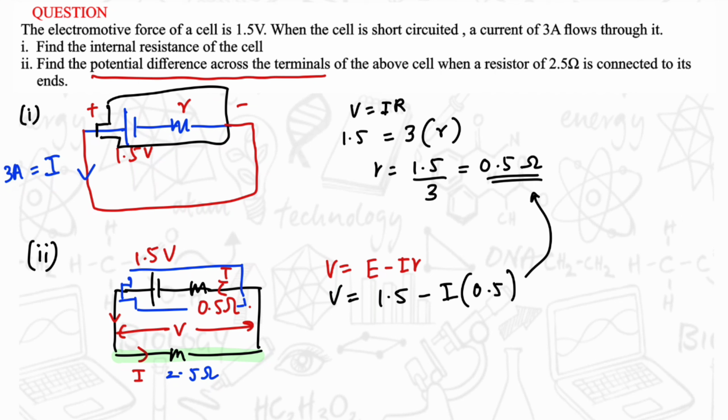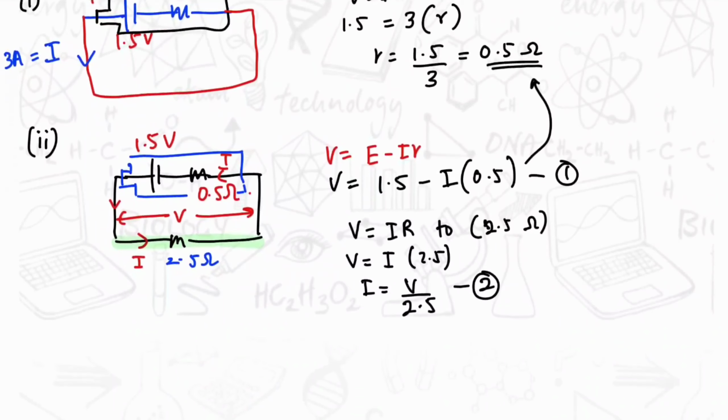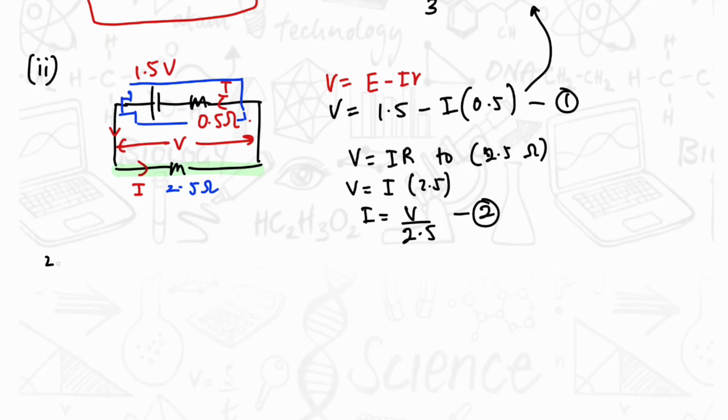So, if you apply V equals IR to the 2.5 ohm resistor, I we don't know, but R we know it is 2.5. So if we make I the subject, we get V over 2.5. It is the second equation and this is the first equation. So here we can substitute the second equation in the first equation.